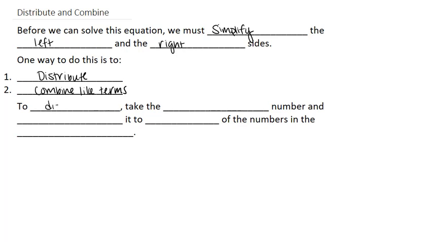To distribute, we take the outside number and we multiply it to each of the numbers inside the parentheses. So let's go back to our example.